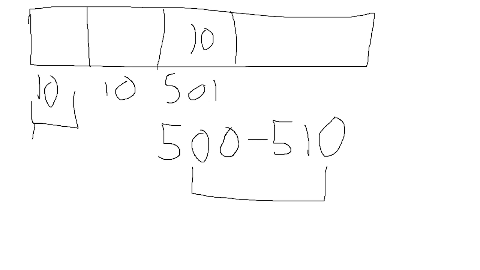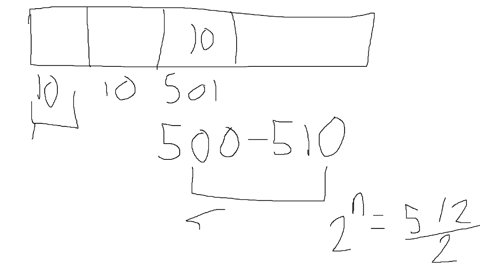But yes, basically what I mean by doubling by 2, because you see how I said 2 to the power of something gives me, I'm not going to do the math here, gives me 512. And then I divided by 2 to get my starting point.